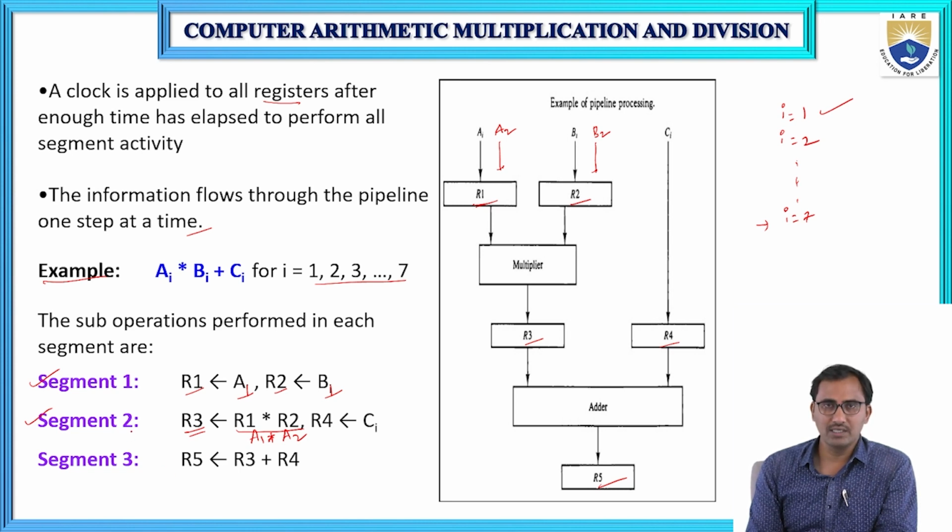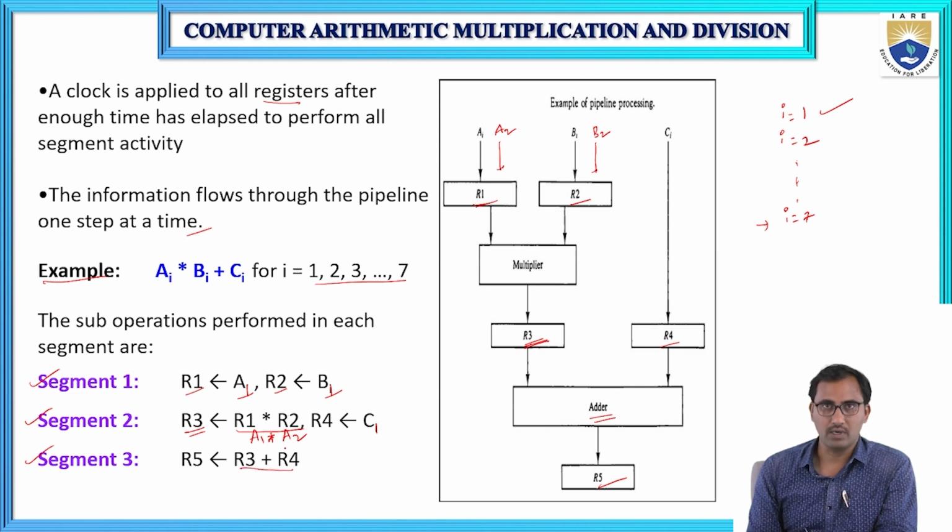During segment 2, Ci, which is C1, will be loaded into R4. During segment 3, R3 plus R4, that means the addition operation takes place, because R3 contains the multiplication of A1 and B1, and R4 contains C1. Here the addition operation takes place.